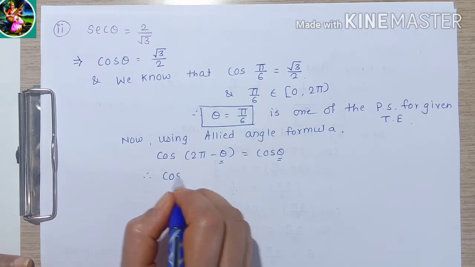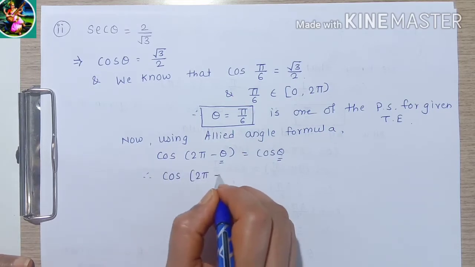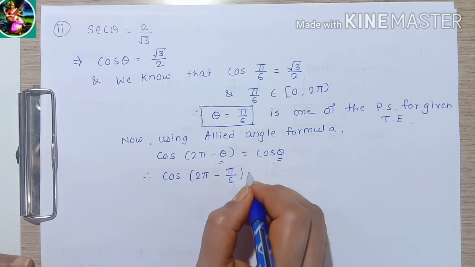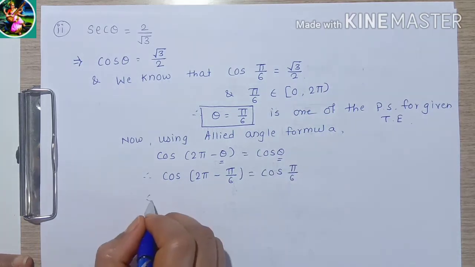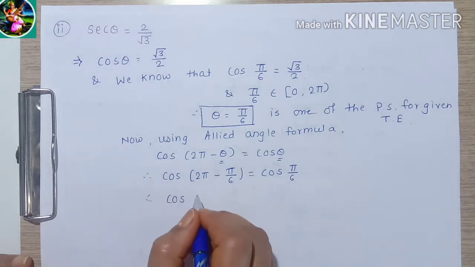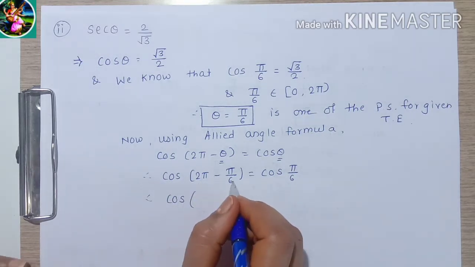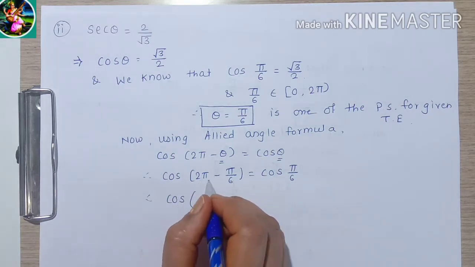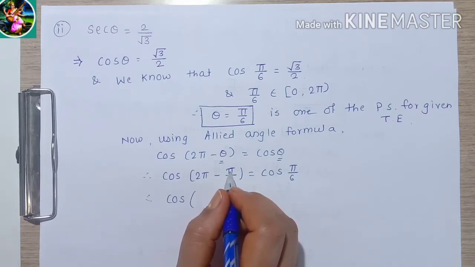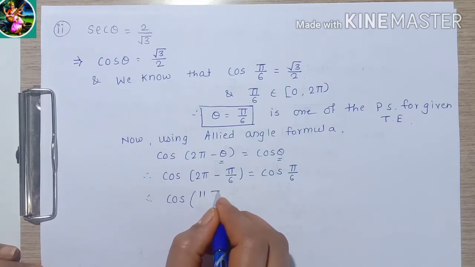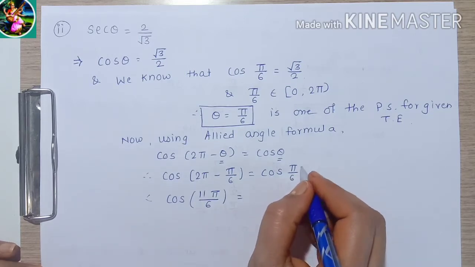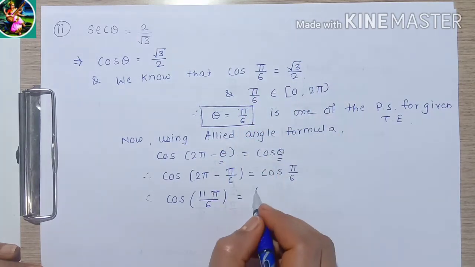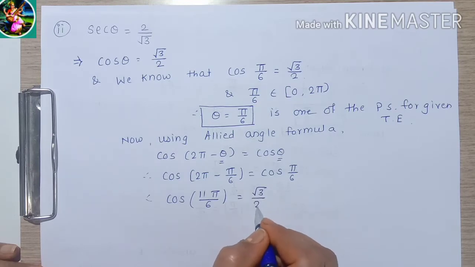Therefore, here we get cos of 2 pi minus pi by 6 is equal to cos of pi by 6. Therefore, cos of, here we take cross multiplication, 2 pi into 6, that is 12 pi, 12 pi minus pi, that is 11 pi, 11 pi divided by 6 is equal to cos of pi by 6, that cos of pi by 6 is root 3 divided by 2.